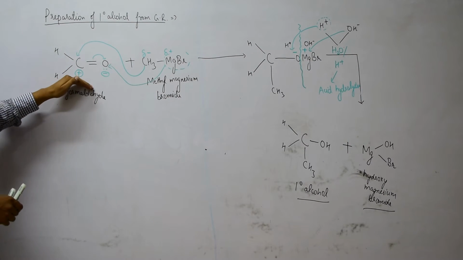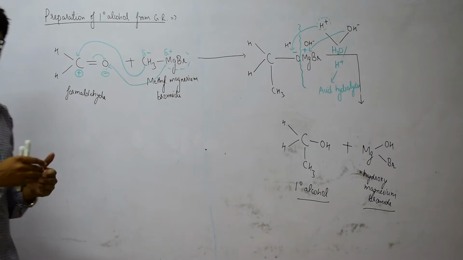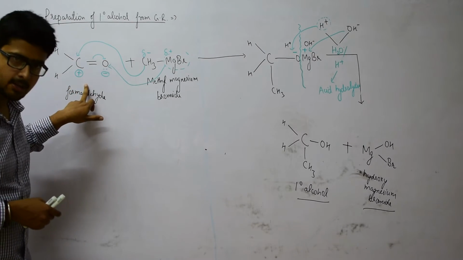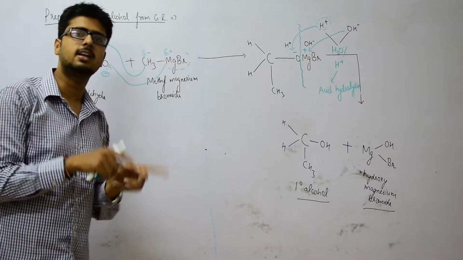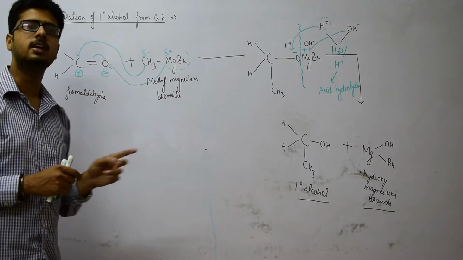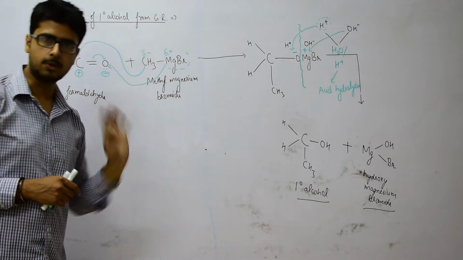This was our formaldehyde. In the last segment we saw that if we have to make primary alcohol from Grignard reagent, we would take the starting material as formaldehyde. If we have to make secondary alcohol, we will take acetaldehyde. And if we have to make tertiary alcohol, then we will take acetone or propanone.